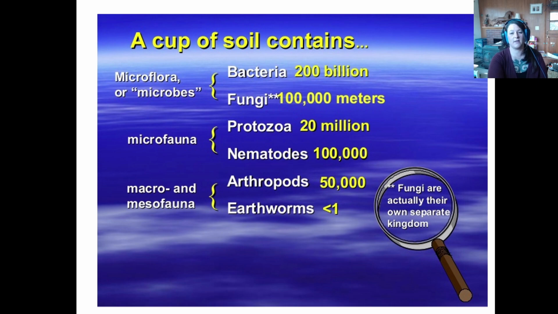You can see them with your naked eye, so they're not going to be as numerous as the microscopic organisms. That's pretty amazing, and that's in 1 cup of soil. So you can imagine there are more microorganisms on our planet than there are humans or other types of animals. That's really important to know.